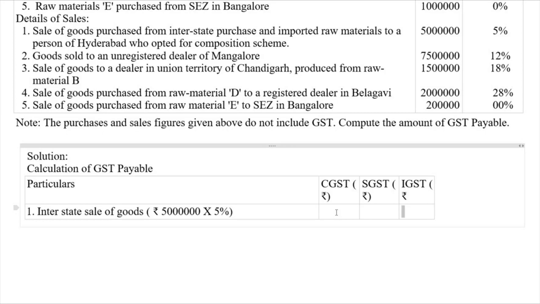So now let's go for IGST here. Rupees 2,50,000 here.